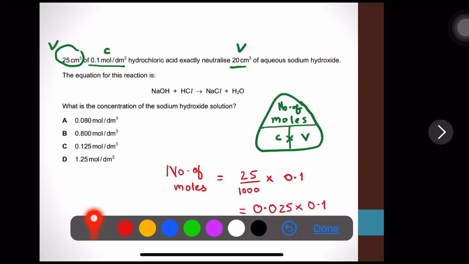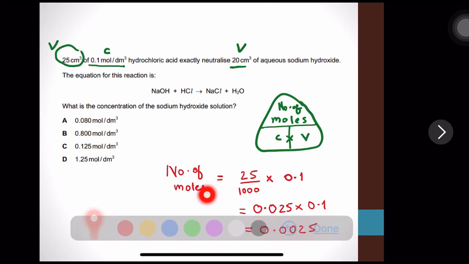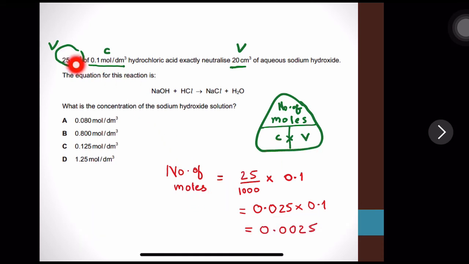Because the volume is given in cubic centimeters, let us convert to cubic decimeters by dividing by 1000: 25 by 1000 times the concentration. We have got the number of moles of HCl.